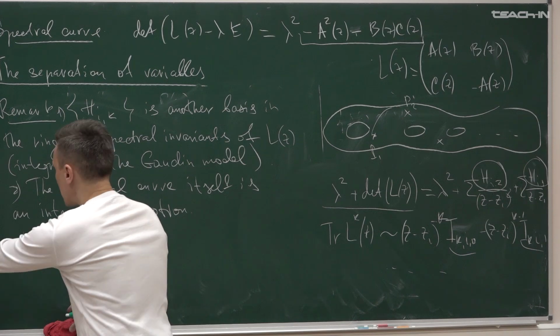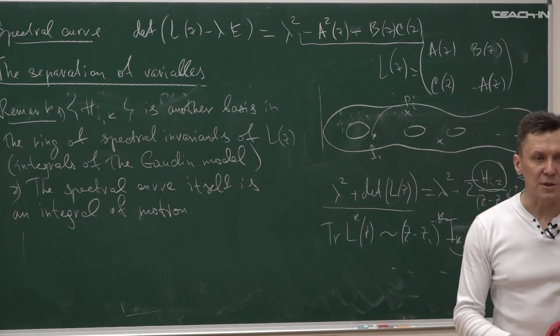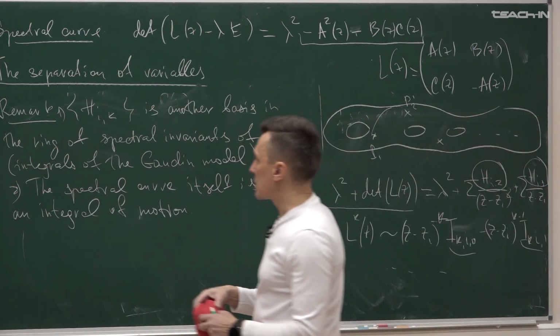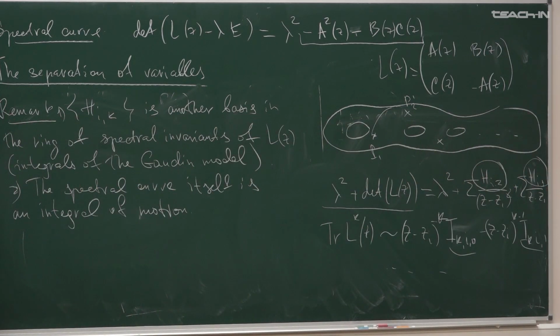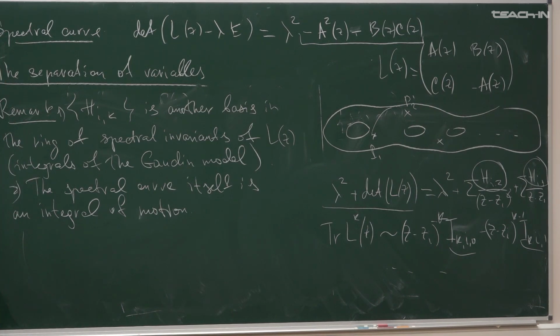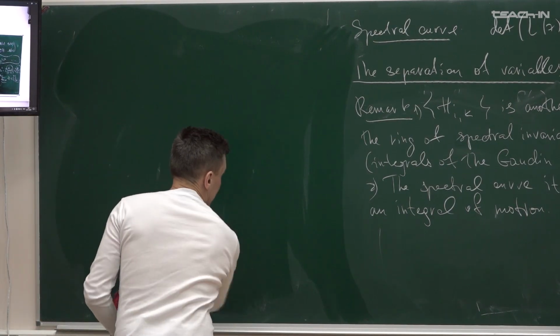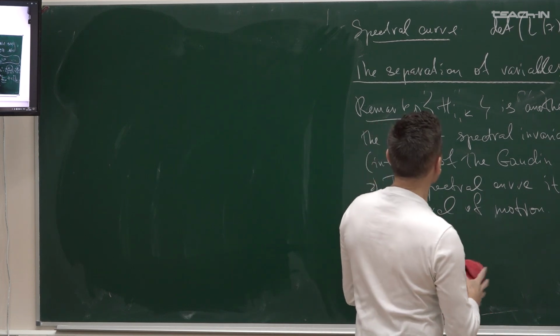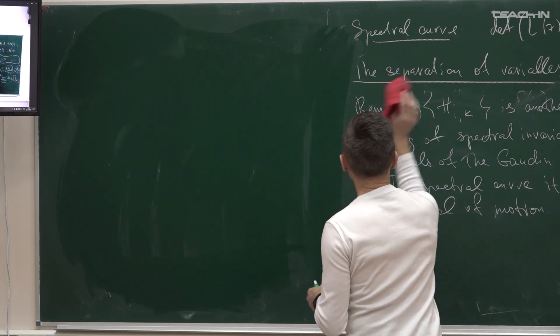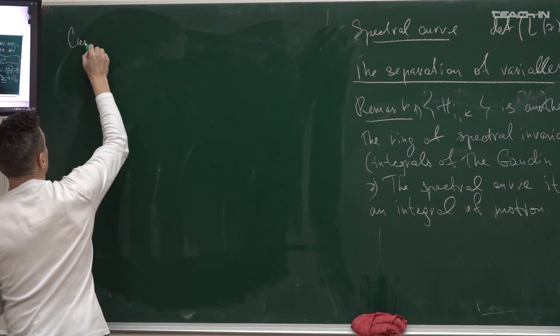But to illustrate this, I need such a notion as a canonical transformation. We haven't discussed it, but it is a very basic notion in symplectic geometry and Poisson geometry and integrable systems. We will briefly discuss this. Canonical transformations.